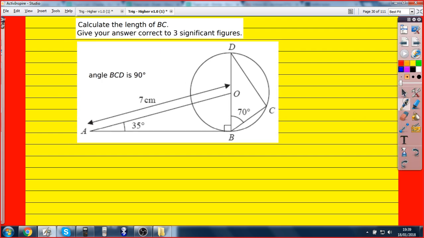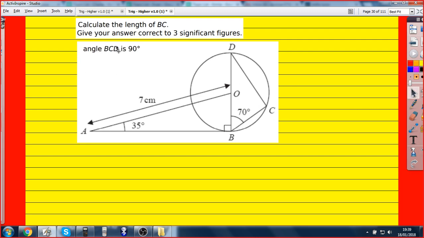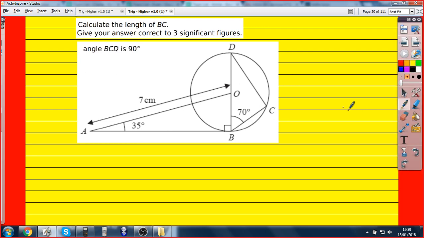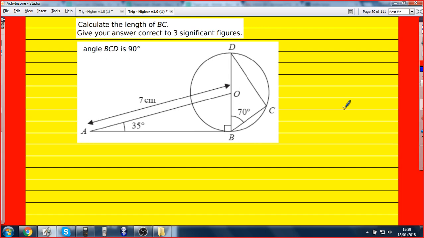What does the question say? Calculate the length of BC. It also says angle BCD is 90 degrees. I just cut the question so I could fit it in.